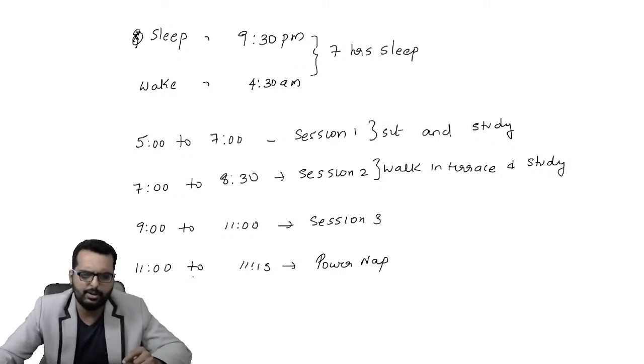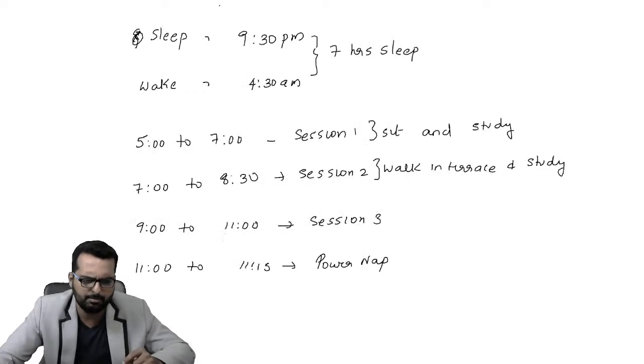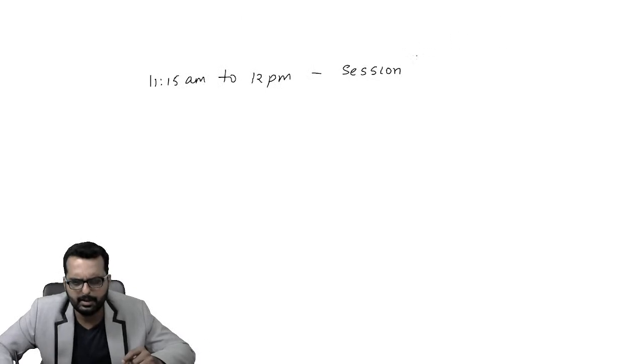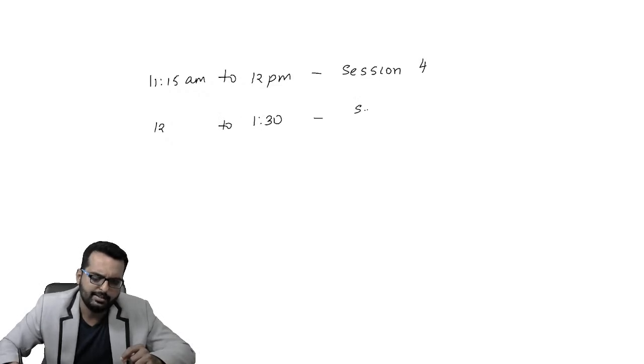And then 11:15 to 12 o'clock was the time that I used to do SFM. You can study whatever you want. I'm just calling it as sessions over here. This would be session number 4, right? Yeah. Session number 4. And then 12 to 1:30 used to be session number 5.